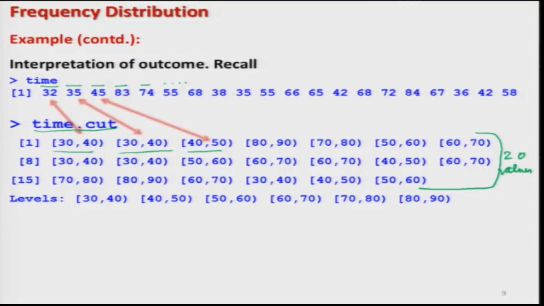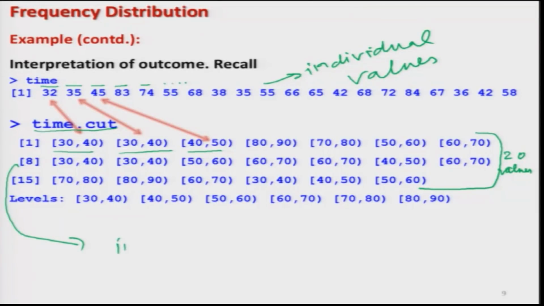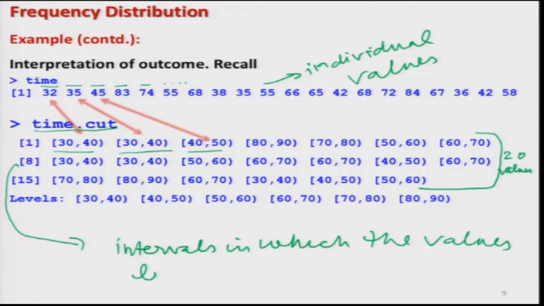So, what is really happening is that these are my individual values in the time vector, and now I have created the intervals in which these values are going to lie.